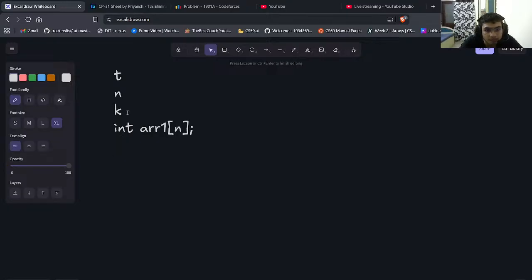Okay, so in array one, n, and then let's make it small. i is equal to 0; i is going to be less than n, and i plus plus.